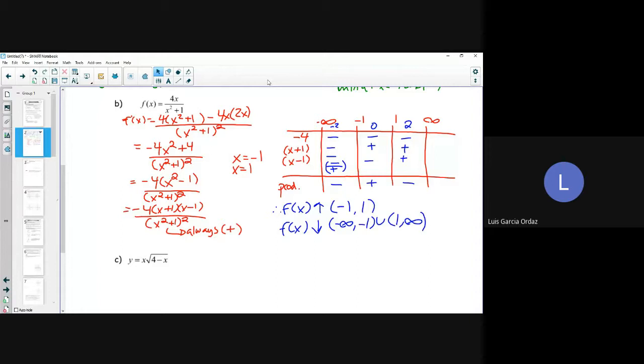Okay. Let's move on to our last question. So we have y is equal to x times the square root of 4 minus x.